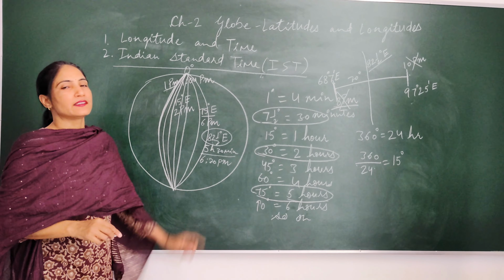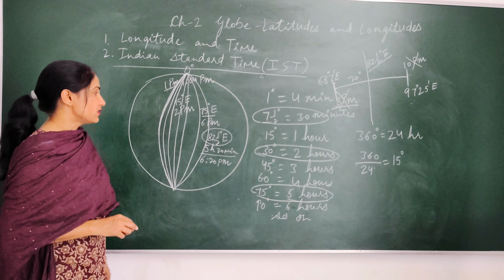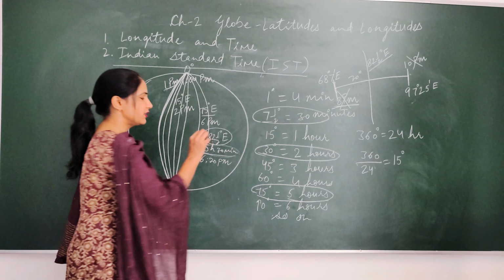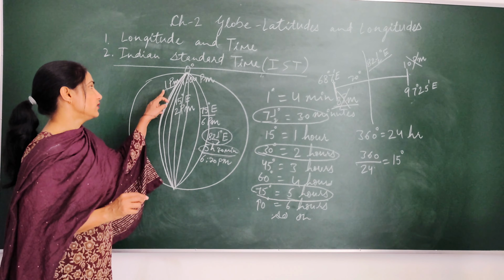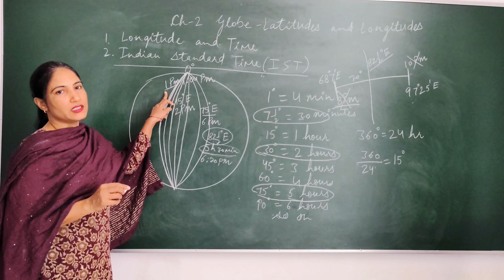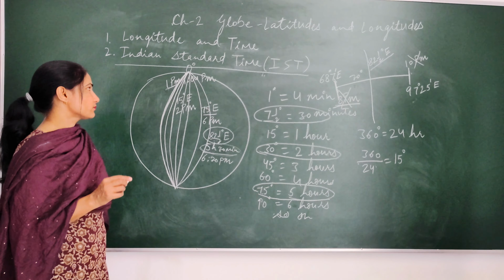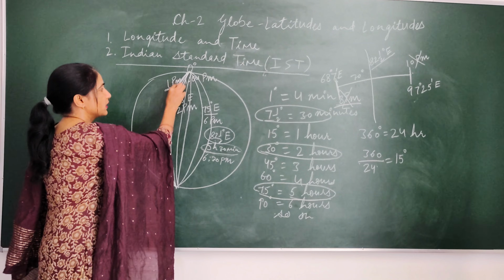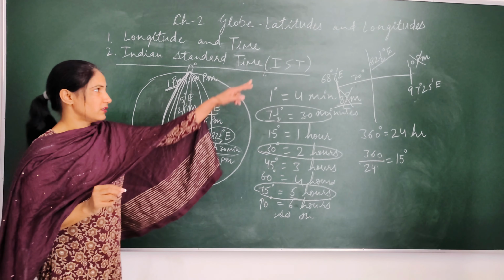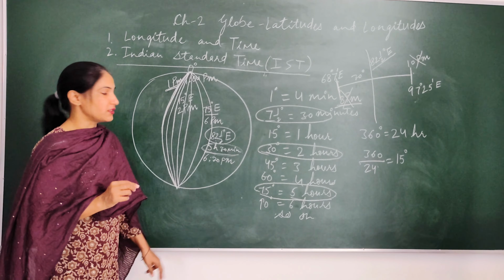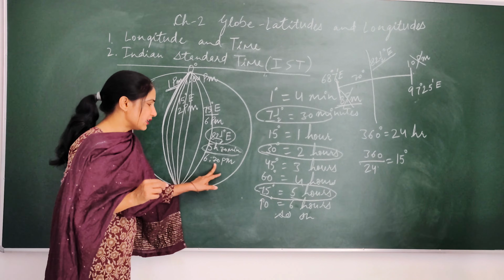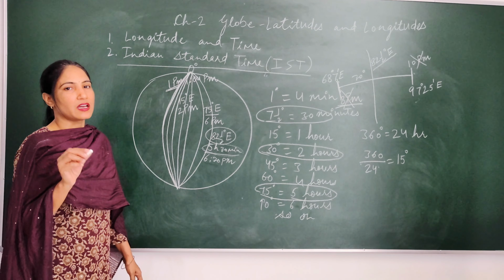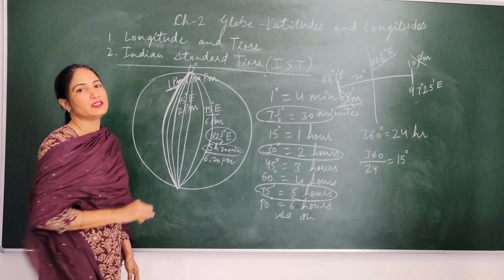It is located at 82.5 degree east and is 5 hours 30 minutes ahead of GMT, Greenwich Mean Time. If the time at 0 degree is 1 p.m., the time at 82.5 degree east in India will be 6:30 p.m., which means 5 hours 30 minutes ahead of Greenwich Mean Time.